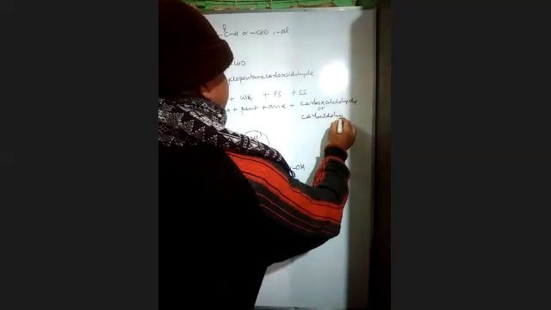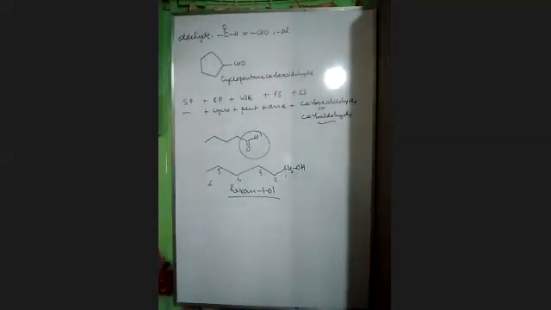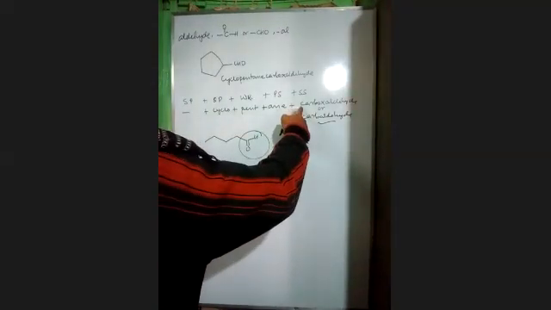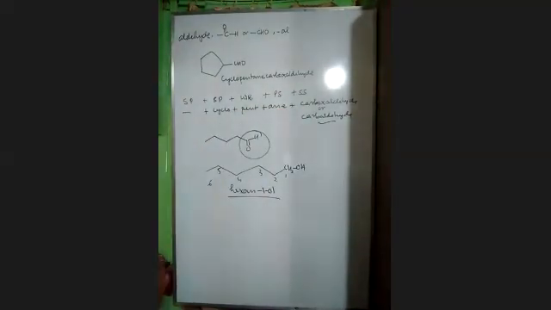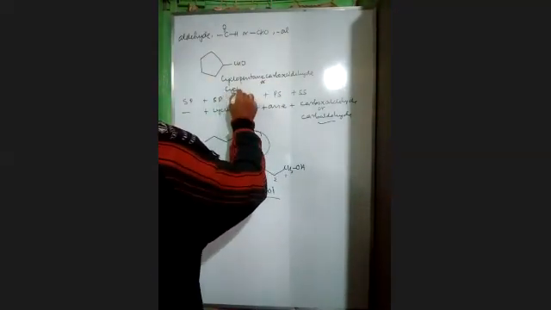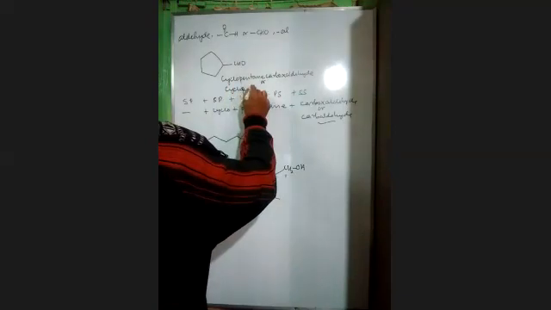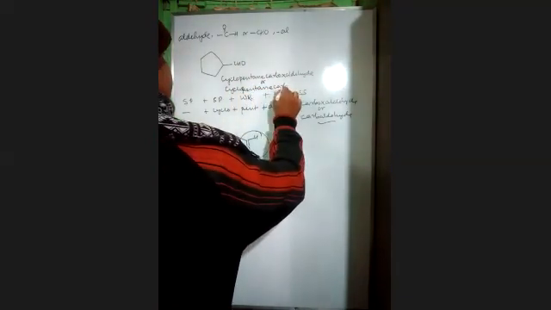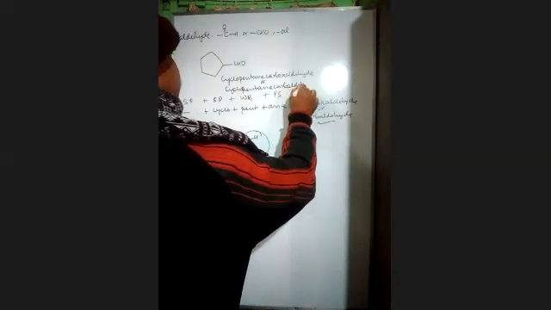Okay, so cyclo, see here, C is not a vowel, so I shall not remove the E. Or I write here cyclopentane carbaldehyde. All right. Okay.